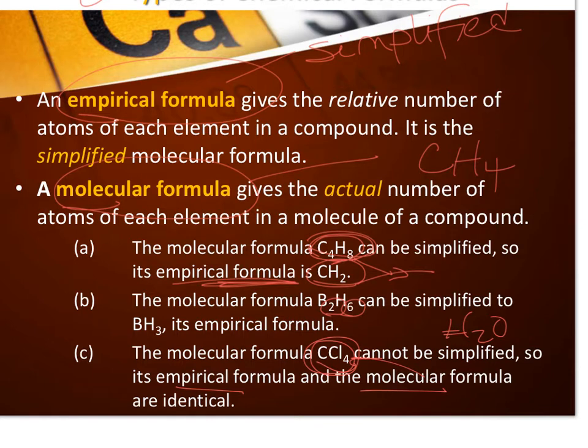It may know that there's one carbon for every two hydrogens, but it doesn't know the total number of carbons and the total number of hydrogens. It usually just gives you a ratio. And so that is why empirical formula is so commonly discussed with chemists, because the equipment, the machines, typically give us empirical formulas.